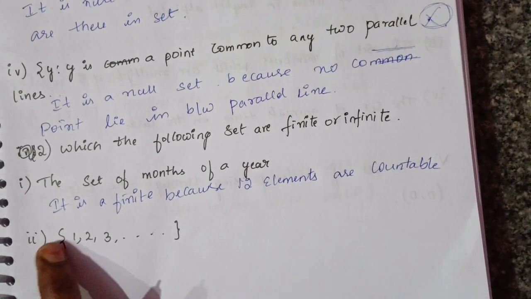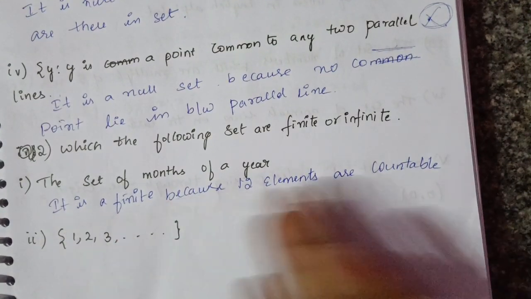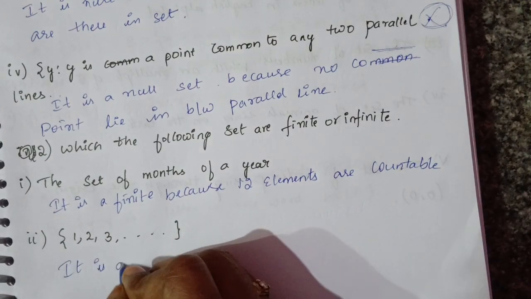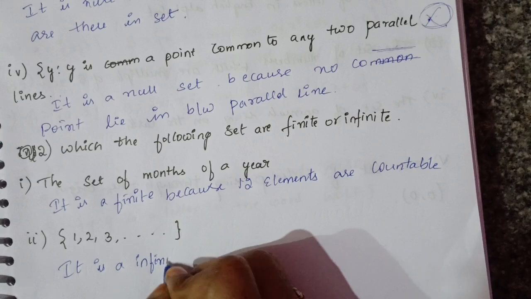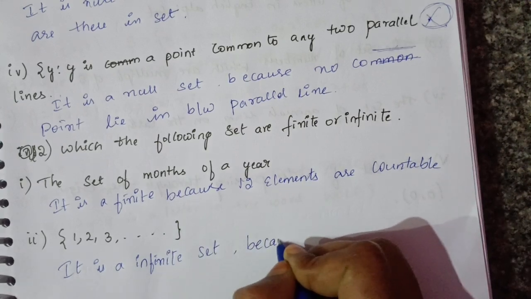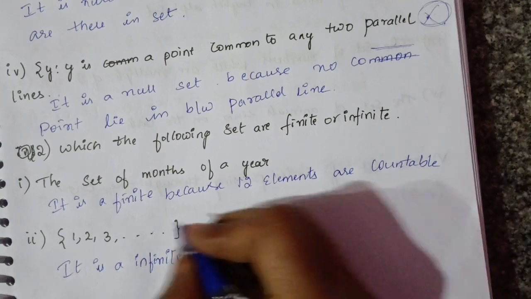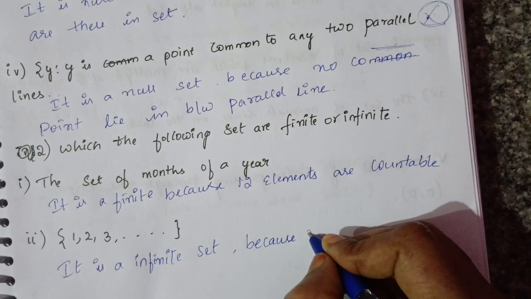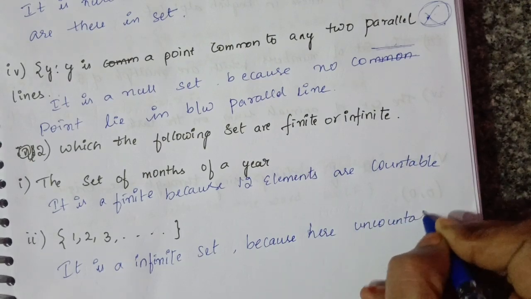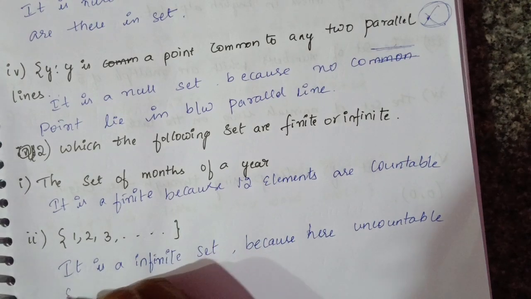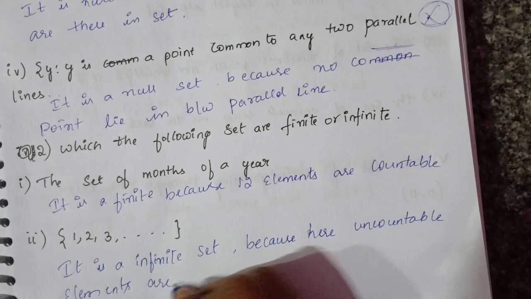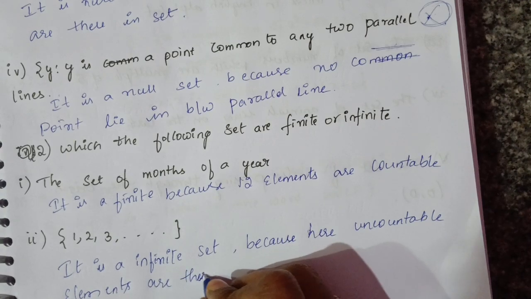Next question, 1, 2, 3 and so on. We don't know where it is going. So it is an infinite set because uncountable elements are there in the set.